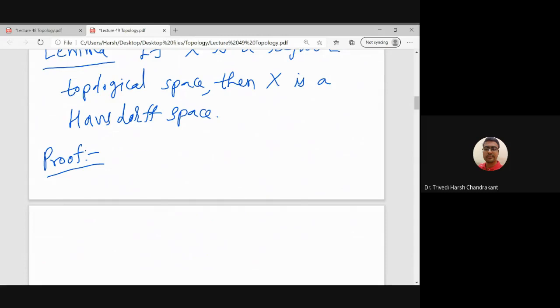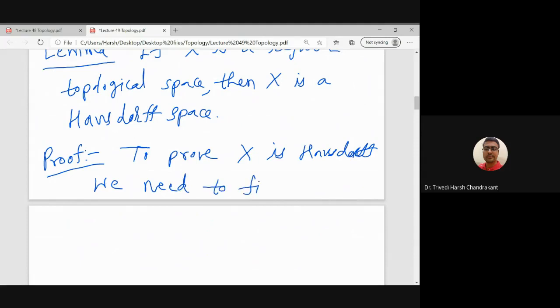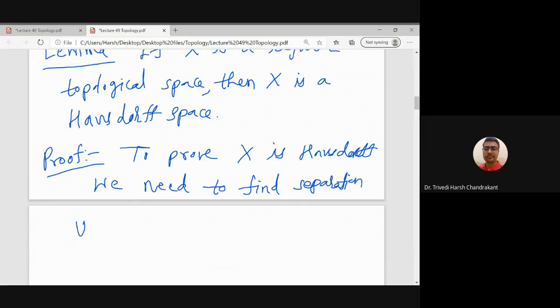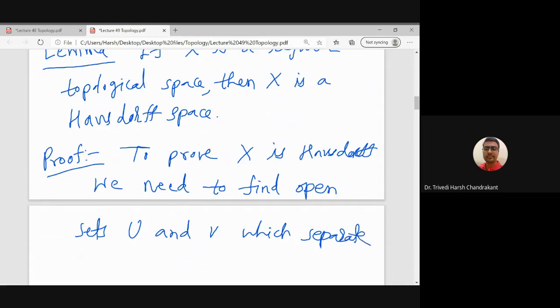So to prove X is Hausdorff, we need to find open sets U and V which separate x and y, where x and y are distinct points, x is not equal to y.